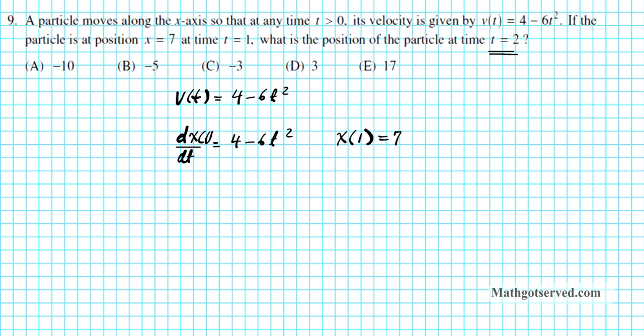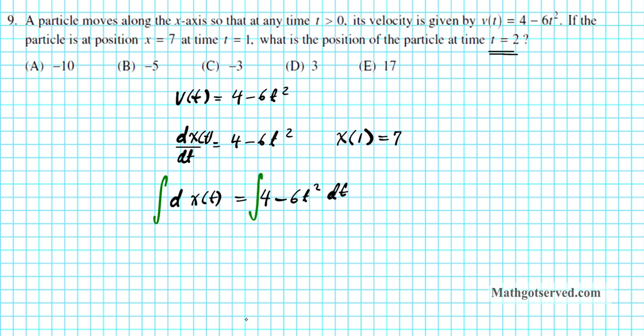Okay, so we're going to solve this by separation of variables. Let's put a t here. Using separation of variables, multiply both sides by dt. So you have d of x of t, the derivative of the position, is equal to 4 minus 6t squared dt. So we just basically integrate both sides.